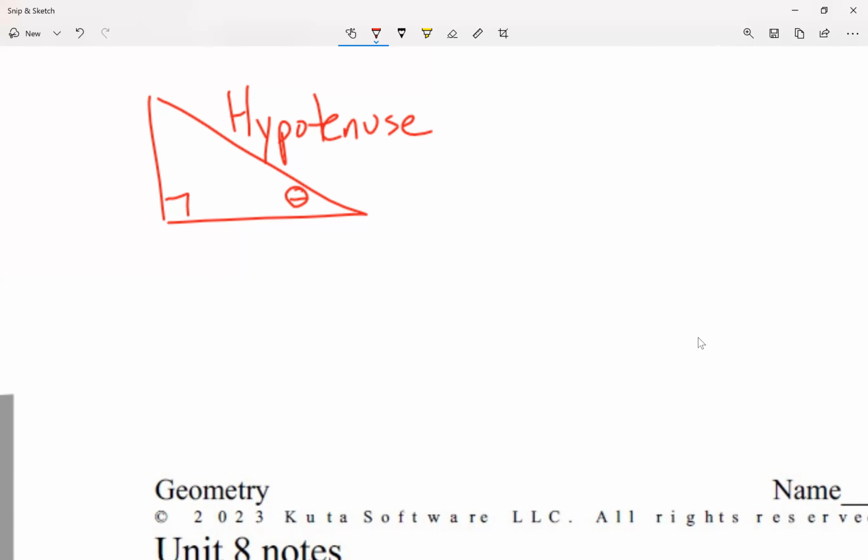This side I'm going to call opposite. Opposite means it's far away from my theta. Close to my theta, we're going to use the word adjacent. So the sides are called hypotenuse, opposite, and adjacent.